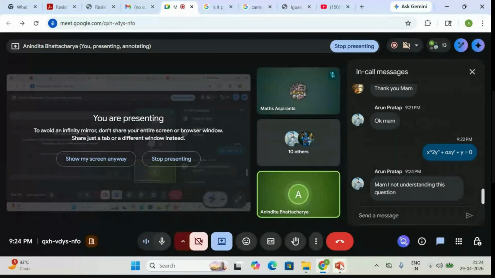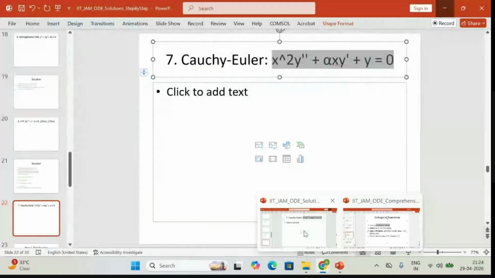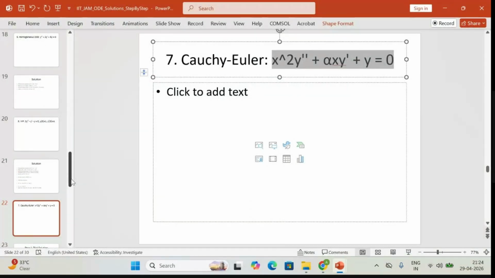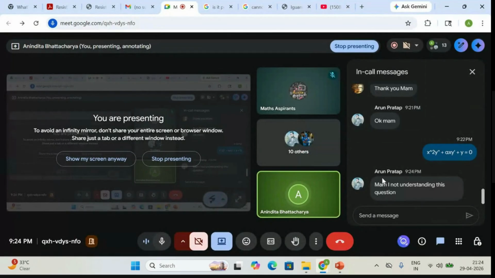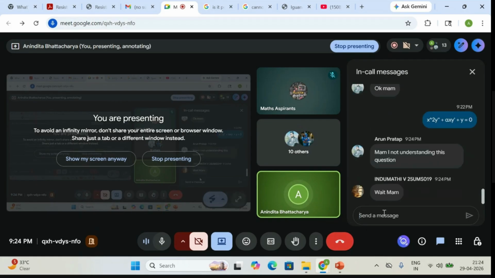Okay, so basically what you need to do is, should I show you the solution or should I wait for some more time? Arun, this is a difficult question. Don't worry. Should I show you the solution, everybody? Okay, I'm going ahead. I'm showing this. Okay, Indumati.